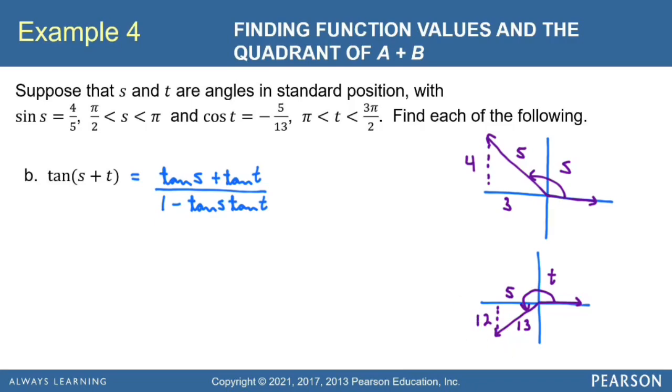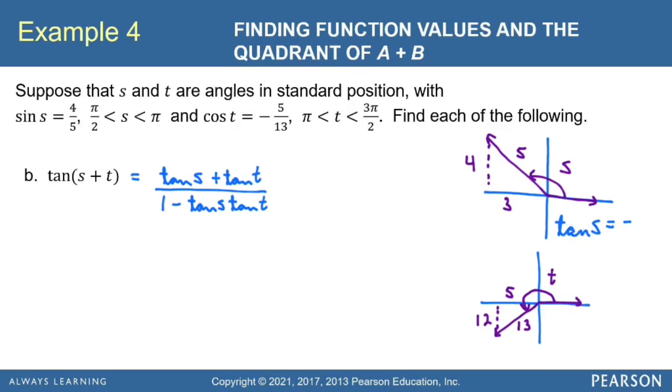We don't need to do it again, but we do need to know the tangent of S and the tangent of T. So for the tangent of S, we know that we're dealing with a quadrant 2 angle, so it's going to be a negative value, and we know that tangent is y over x.